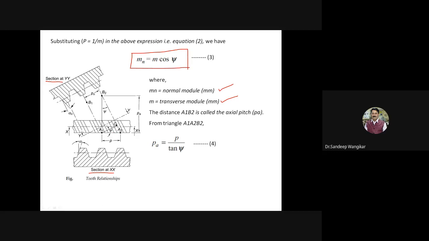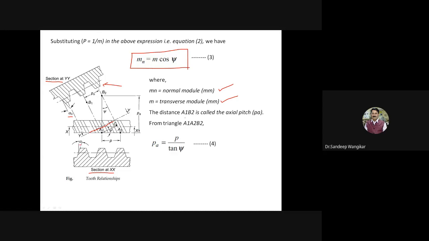But if you cut into a plane perpendicular to the teeth, and you imagine the spur gear in this particular perpendicular plane, whatever view you get is like a spur gear, and we can use all the formulas of spur gear here. Therefore, every time we are taking the normal module. So now in this case, mn is the normal module, and alpha n is the normal pressure angle, alpha the transverse pressure angle.